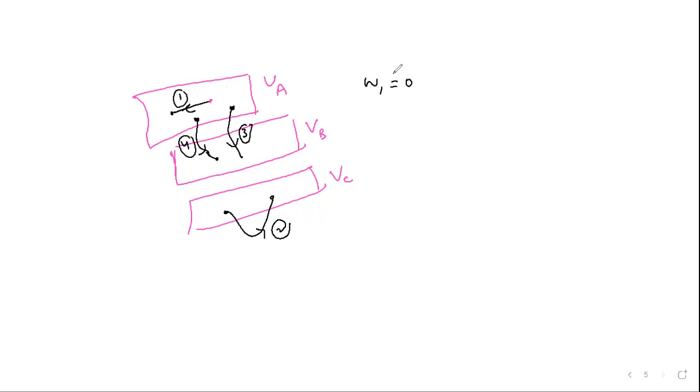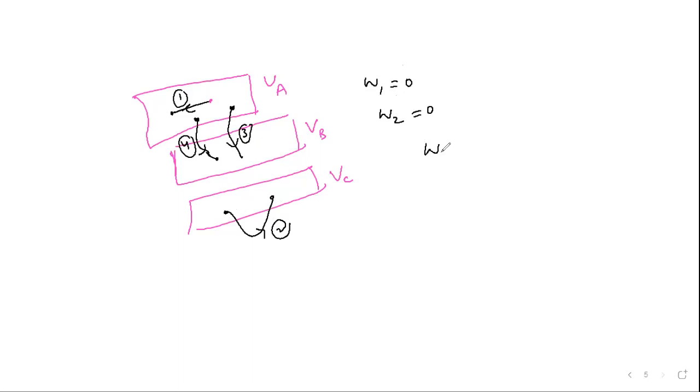But remember, always if you move along any path, if your initial and final point is lying on the same equipotential surface, work done is 0. Same is true for second path. Even if path is not lying wholly on the surface, but since initial and final point lie on the same surface, work done by the field is 0.